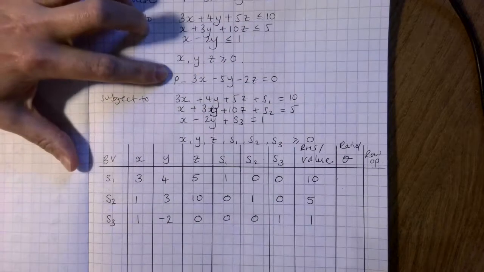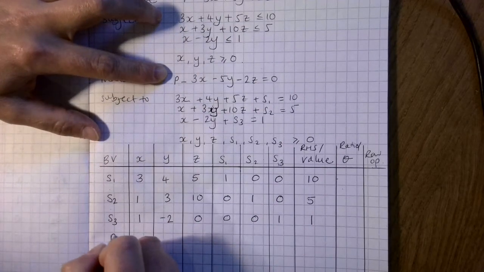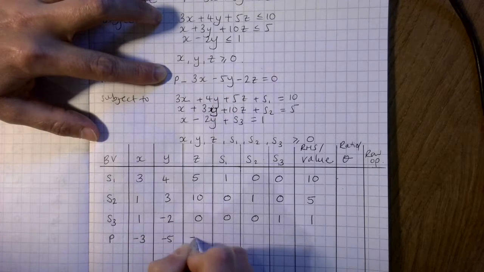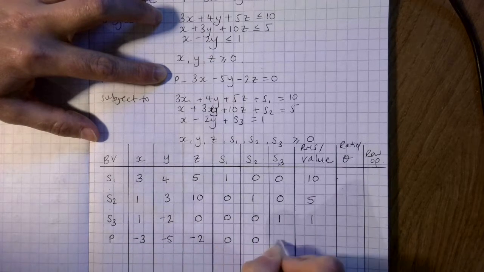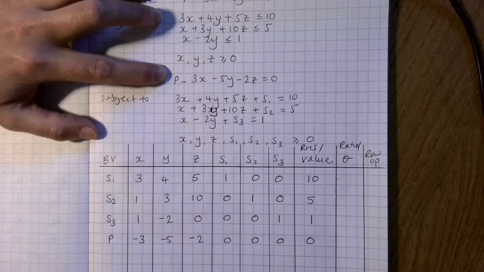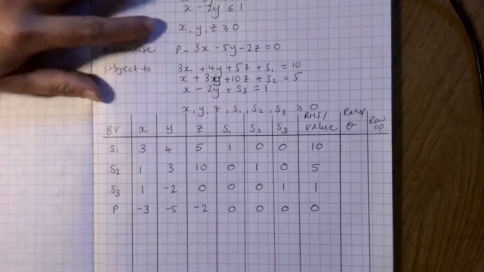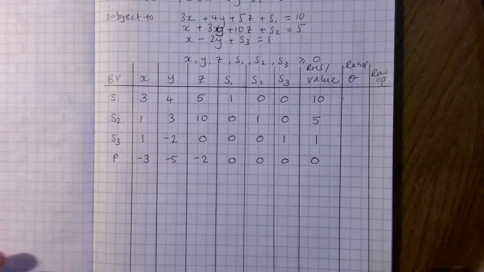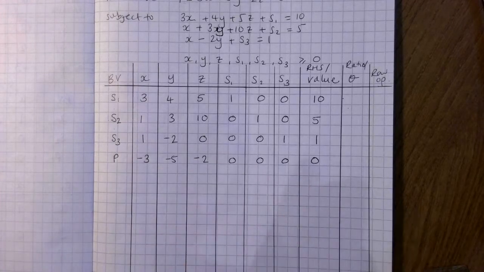And then to put my objective function in, p, minus 3, minus 5, minus 2, 0, 0, 0, 0. Okay, so that's my initial tableau set up. Sometimes that's all the question will ask you to do.